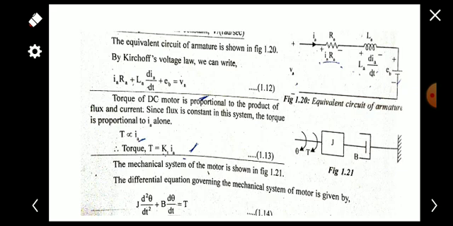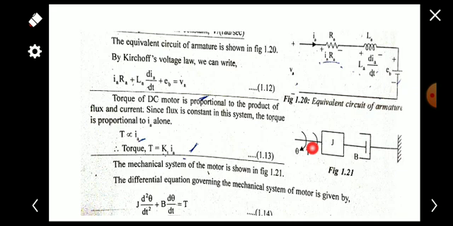Here you can see only two elements, the moment of inertia, that is mass, and dashpot B, and we are applying a torque T in this direction, and theta is the angular displacement. From this figure we obtain the torque balance equation: the applied torque T is equal to the opposing forces.